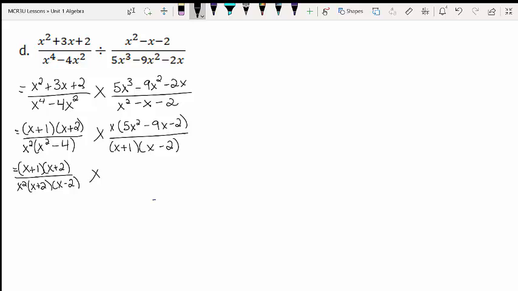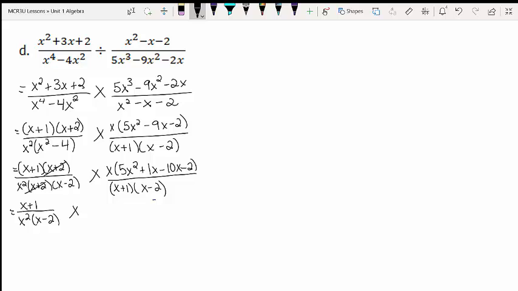So we need two magic numbers that multiply together to get negative 10 and add together to get negative 9. So the magic numbers are 1 and negative 10. So we're going to replace our b value with those magic numbers. Okay, so in our first fraction, we can simplify this, right? We can cancel those two out. Okay, now let's keep going.